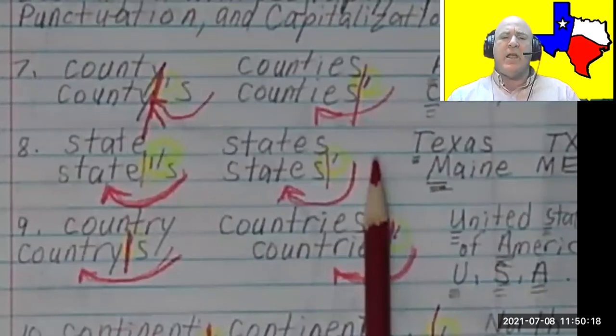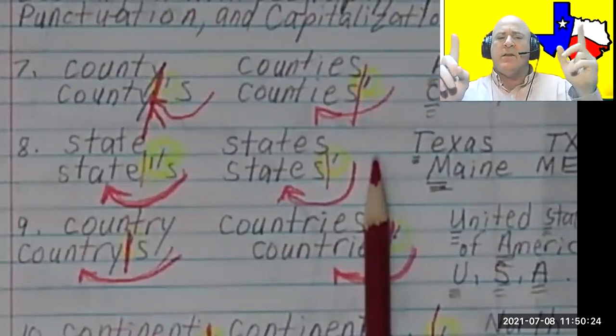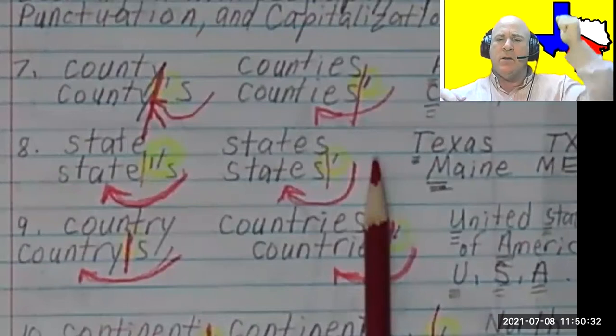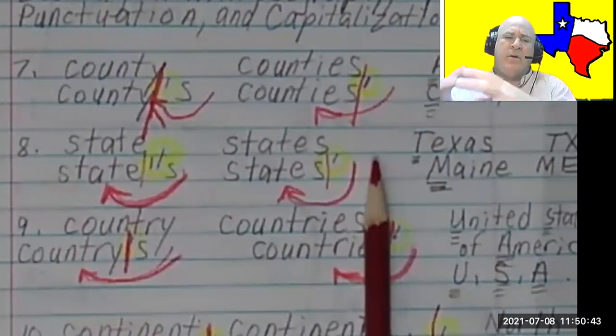8C, state, singular, possessive. The state's governor lives in Austin, Texas. So that means the governor is the one who's in charge of the state. He doesn't necessarily own it, but he's been selected to be the leader of our state.